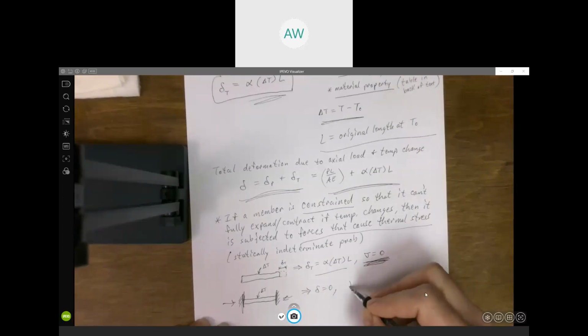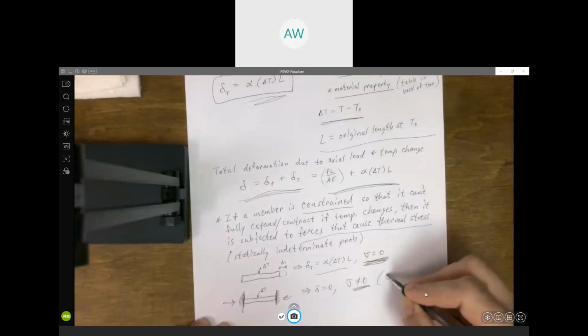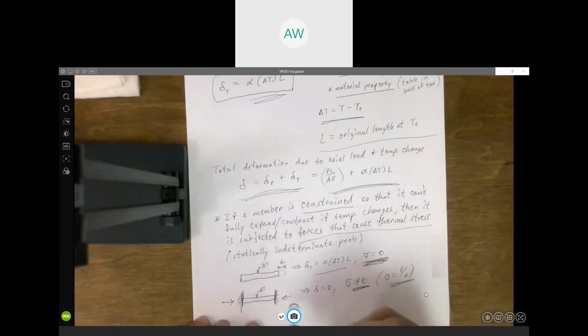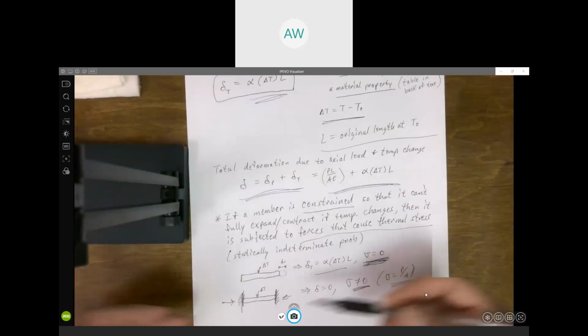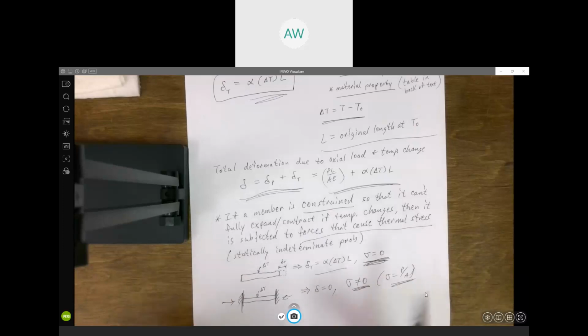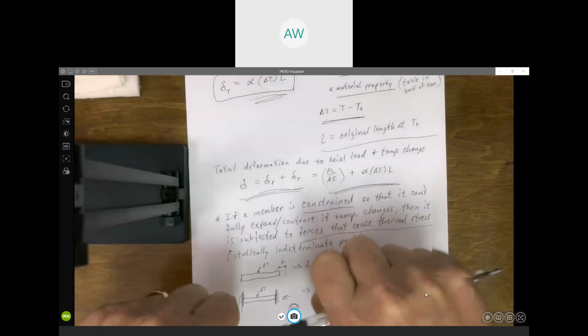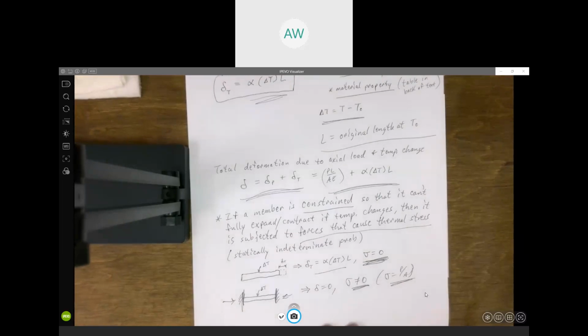But the stress is not going to be 0, right? The stress here would actually be P over A, the stress due to this axial force P that's pushing this thing back in. Or if the temperature decreases, it tries to contract and get shorter. The walls are pulling back out to prevent it from changing length. That axial force is what's causing stress.